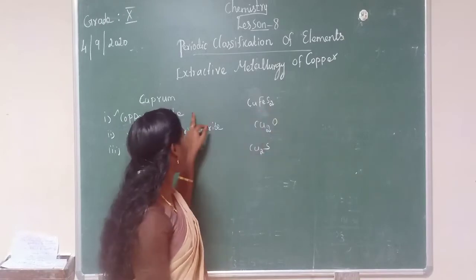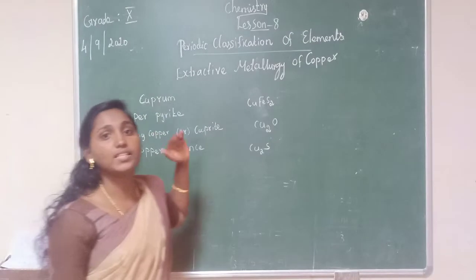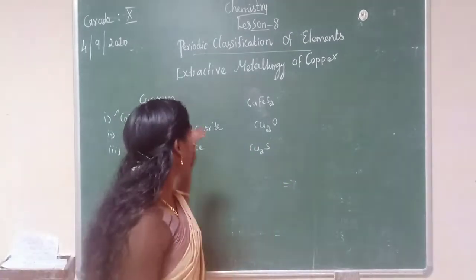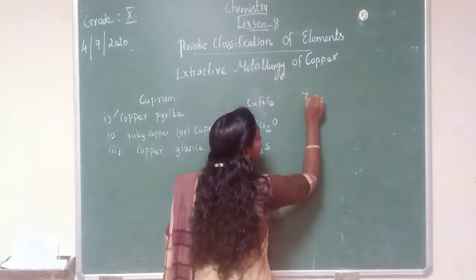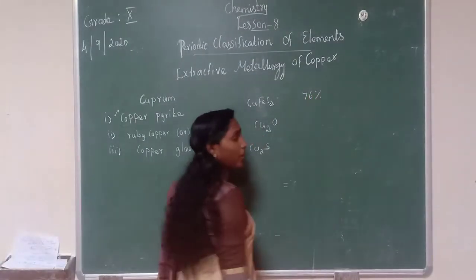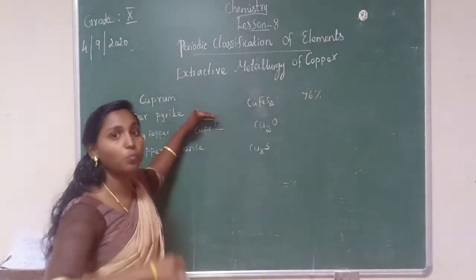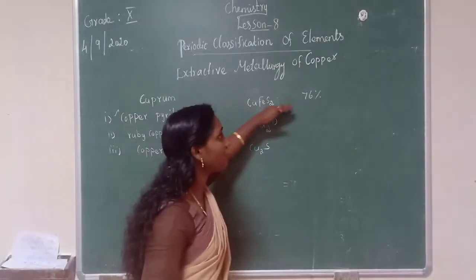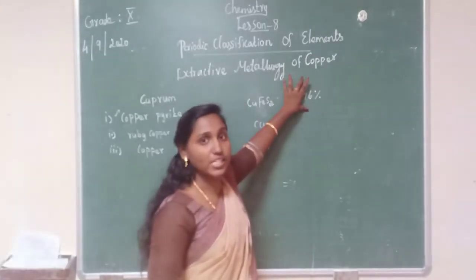Why is it called the chief ore? Because copper pyrite can give 76% of copper. Compared to the others, copper pyrite can give more amount of copper. So copper pyrite is the chief ore of copper. It can give nearly 76% of copper.